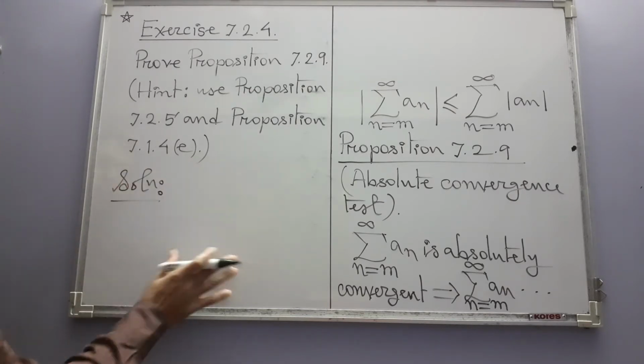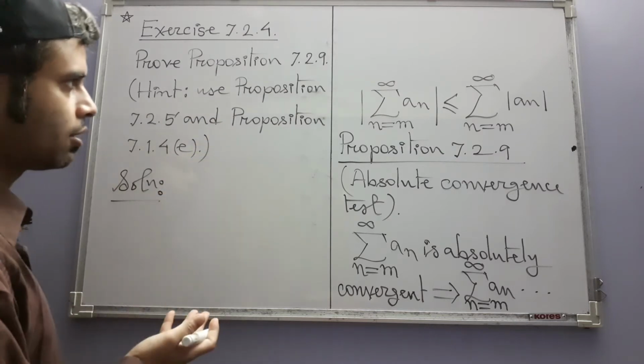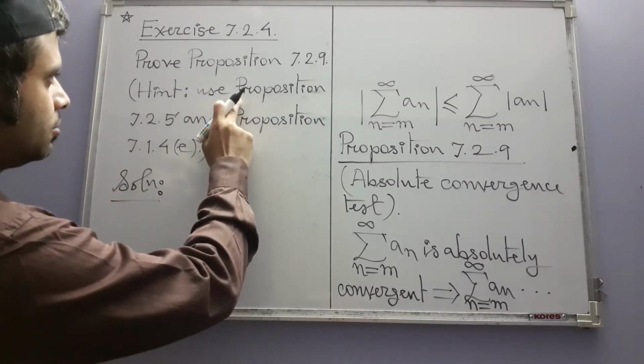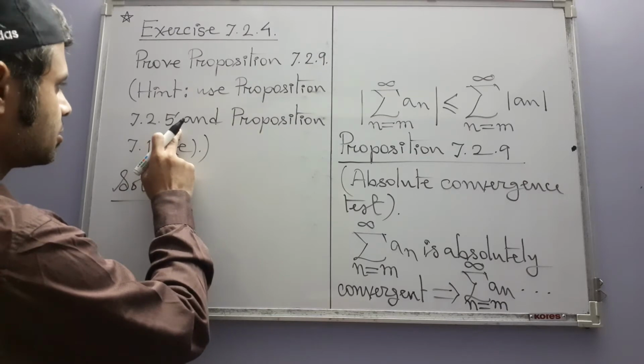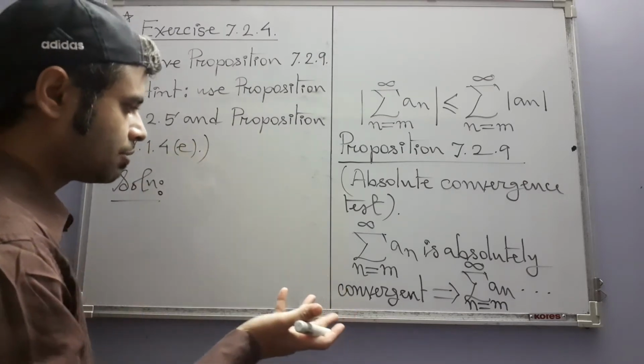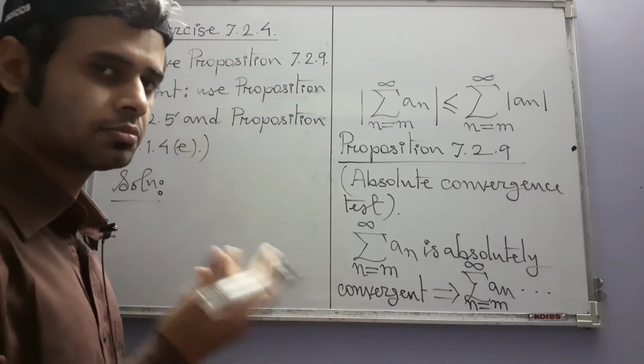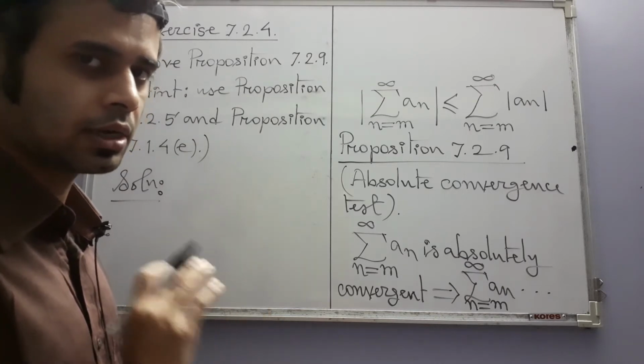In proving this, we are going to follow this hint. We are going to mainly use proposition 7 to 5, the one that we proved in the previous analysis video.